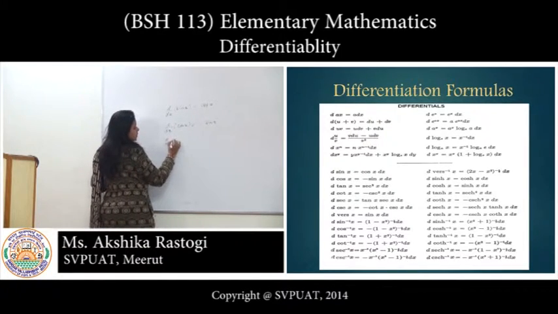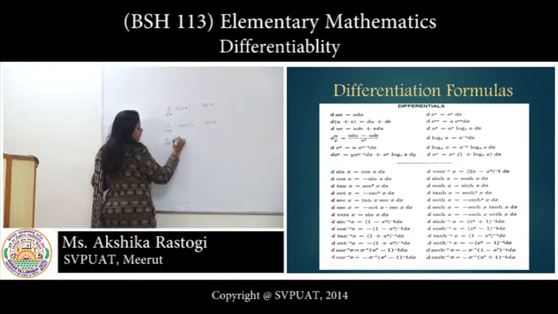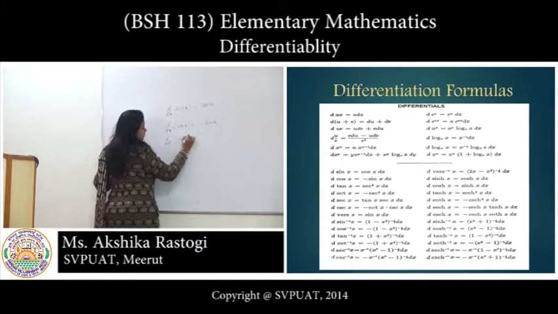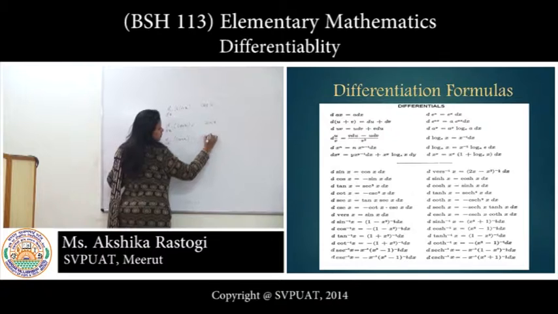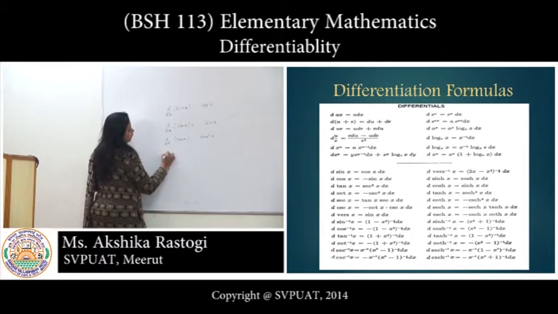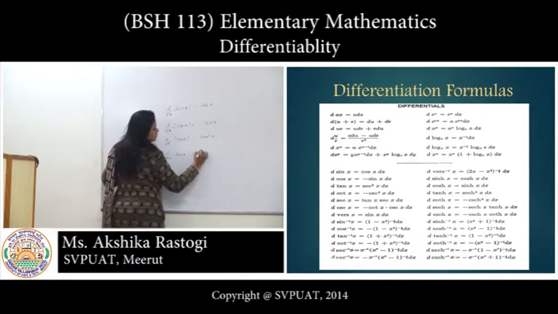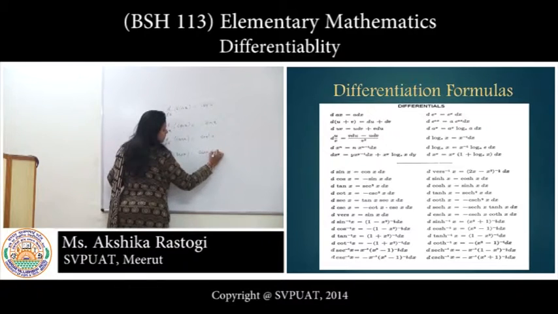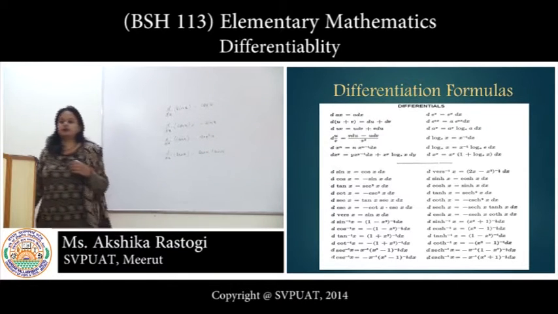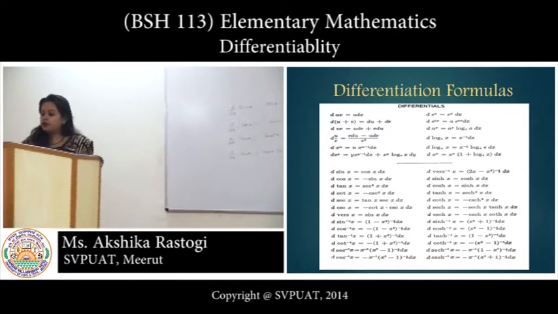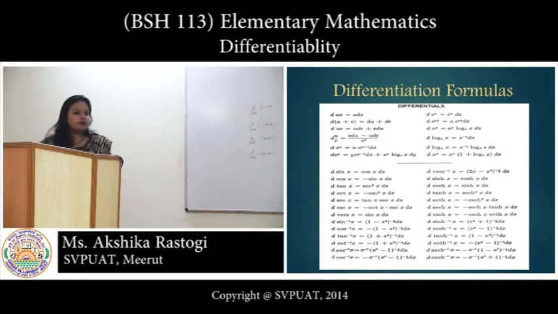Then differentiation of tan x equals sec square x. Differentiation of sec x equals sec x tan x. There are many formulae which we can apply directly for doing the differentiation.